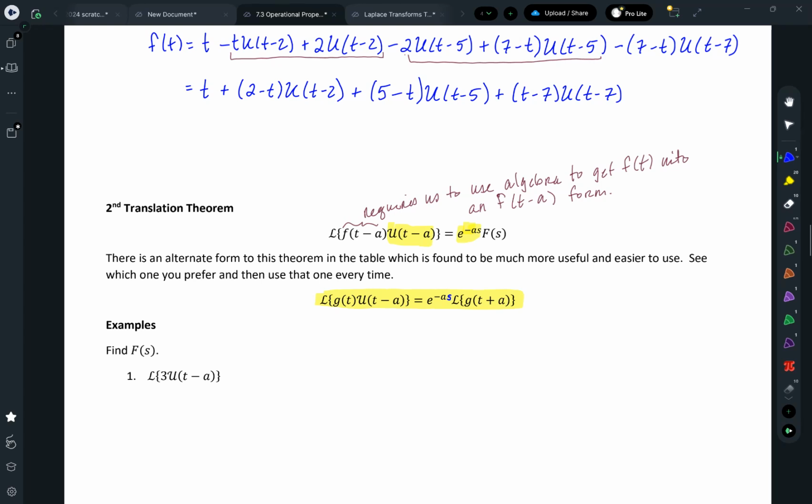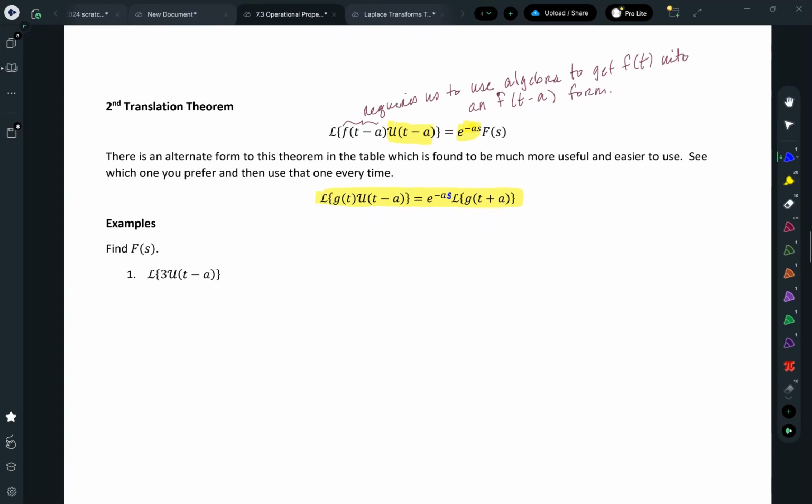Notice I haven't taken care of my Laplace transform yet, but I took care of the u. The u of t minus a introduces an e to the minus as, and then we can focus on taking the Laplace of g of t plus a. Okay, so we're going to do a couple of examples and see how we can use that.